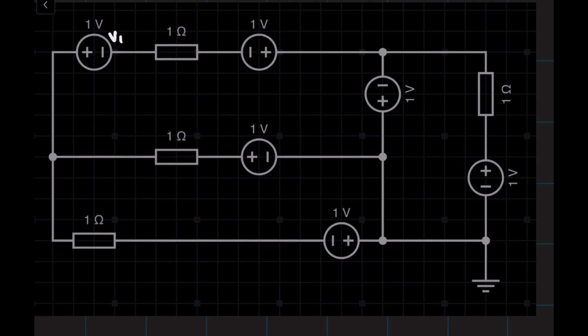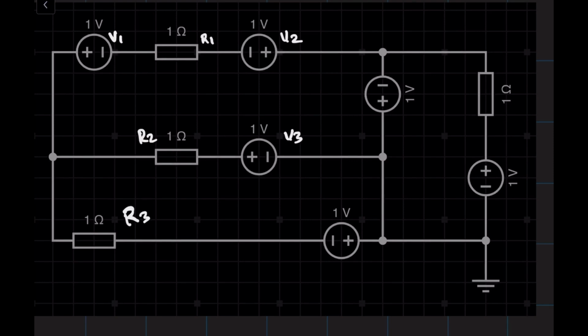So let's name this one V1. This one, let's name it R1. Let's name this one V2. Here we can call this one V3, this one R2. Here we have another resistance R3. Be very careful with naming.